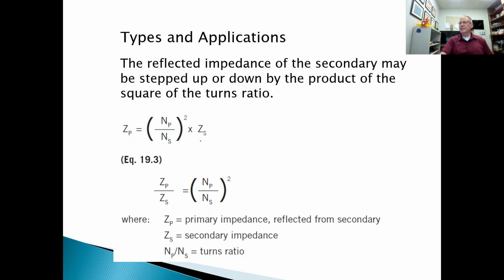So in order for that to be true, the ZP, or the impedance of the primary, divided by the impedance of the secondary, equals the number of turns in the primary divided by the number of turns in the secondary, squared.